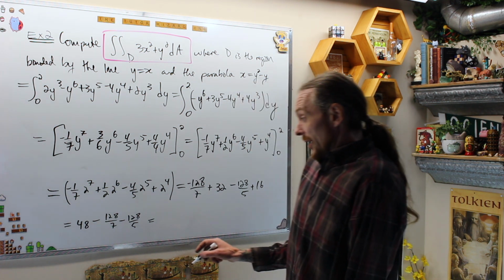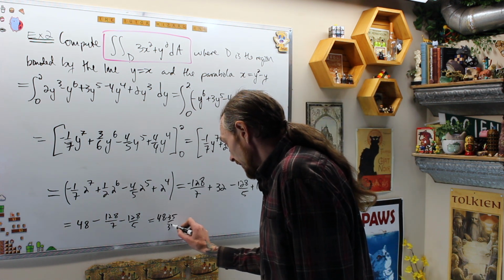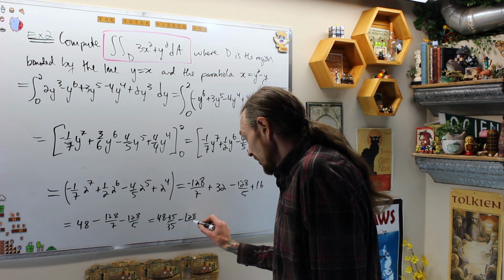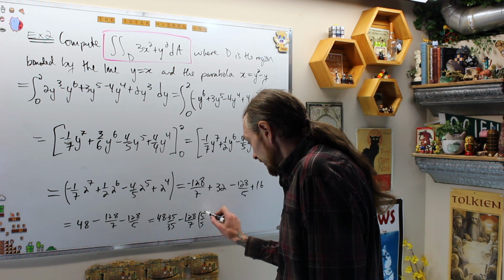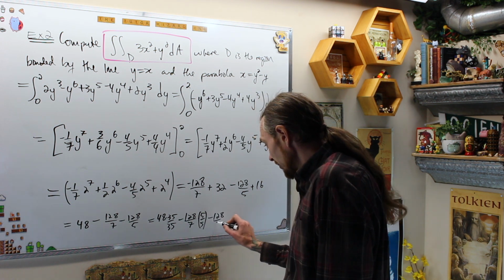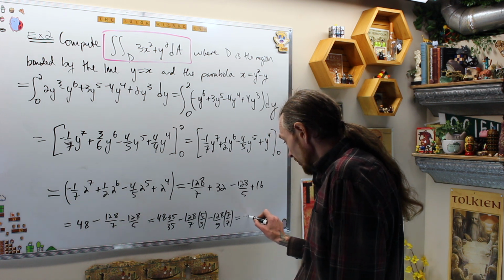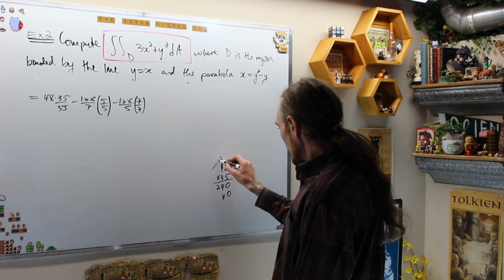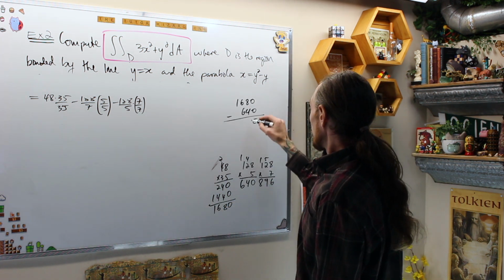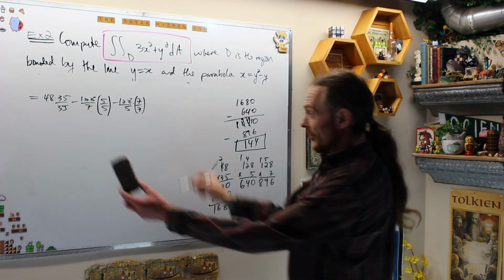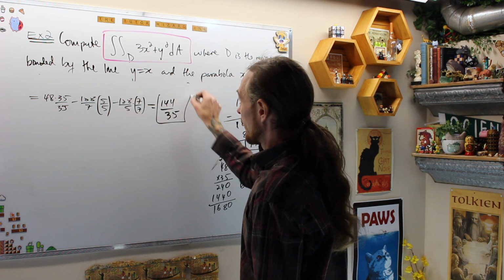If I need a common denominator, I have to do 48 times 35 over 35 minus 128 over 7 times 5 over 5 minus 128 over 5 times 7 over 7, which is equal to dot dot dot. Holy crap, dot dot dot equals 144 over 35 is what it is.